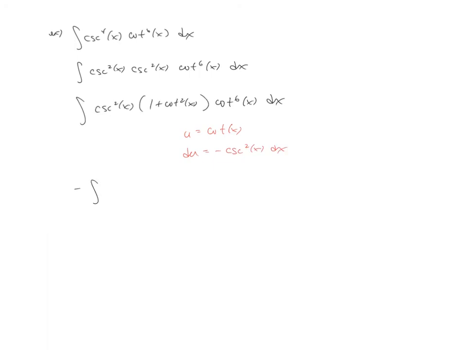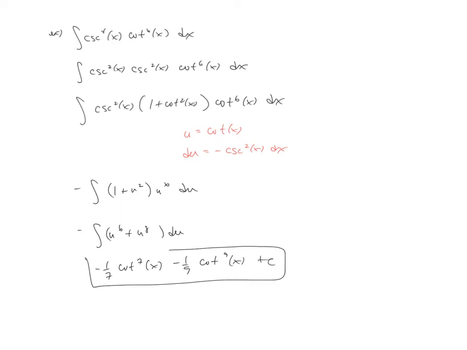We'll have negative the integral of 1 plus u squared times u to the 6th du. I'll go ahead and distribute the u to the 6th. And we can go ahead now, add 1 and divide all the way through. So negative 1/7 cotangent to the 7th of x minus 1/9 cotangent to the 9th of x, finally plus c.